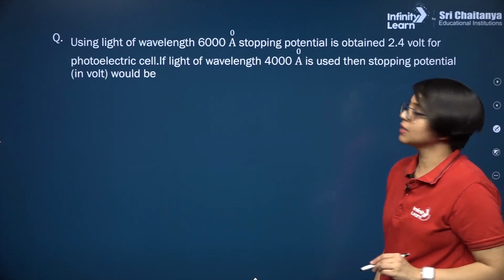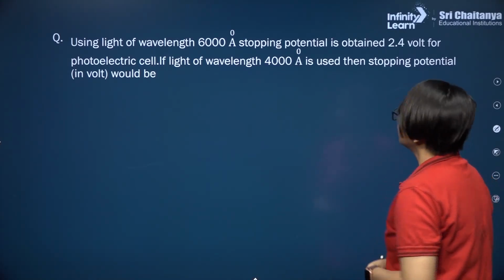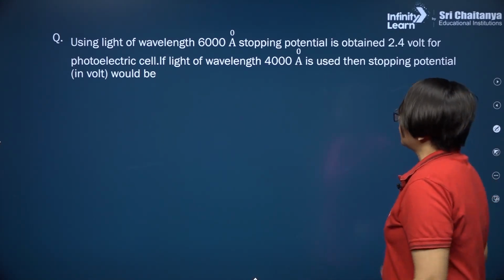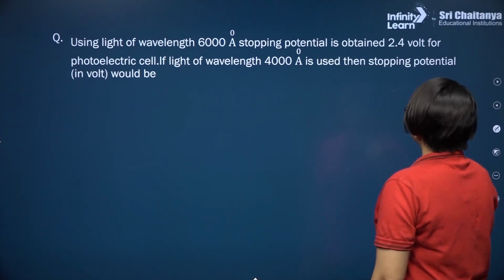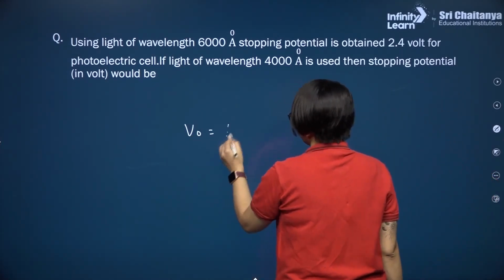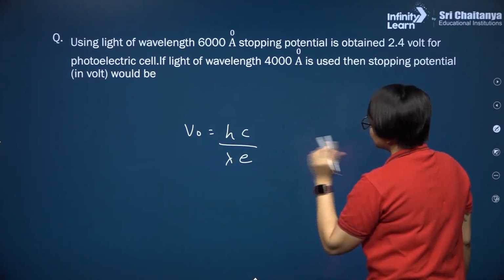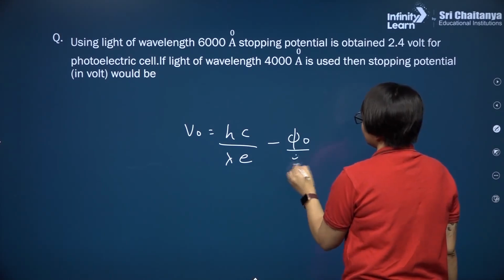Now next: using light of wavelength 6000 angstrom, the stopping potential is obtained as 2.4 volt for a photoelectric cell. If light of wavelength 4000 angstrom is used, then what would the stopping potential be? So over here V naught is hc divided by lambda into e, minus phi naught divided by e.